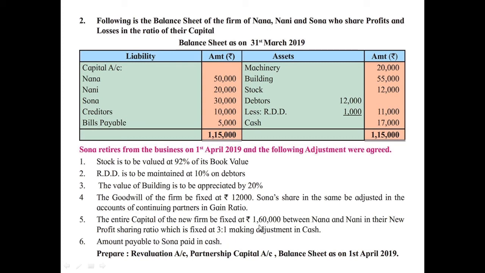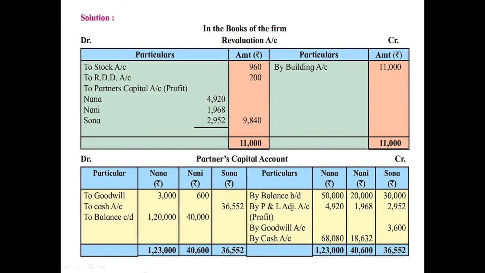So remember, whenever the new capital for the continuing partners is given in the question, you need to divide that capital in the ratio given, and then you have to pass the entry on the debit side of the partner's capital account as to balance carried down. So 1,60,000 is divided into 3:1 among both the partners. So remember, here balance carried down will not be the balancing figure.